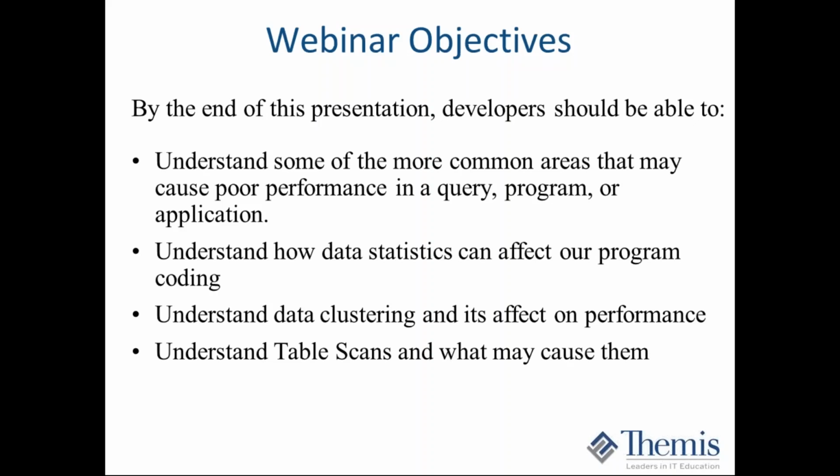For example, if we have an employee table, how many different employee numbers are there across all the data? How many different last names? How many different departments is everybody assigned to? Those are called our cardinalities, and those are real important.